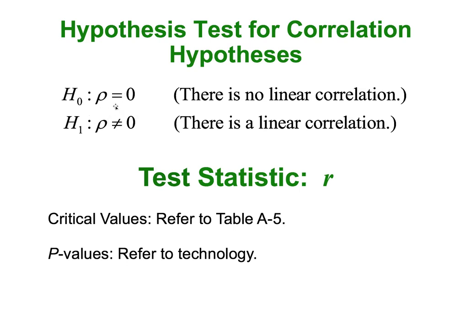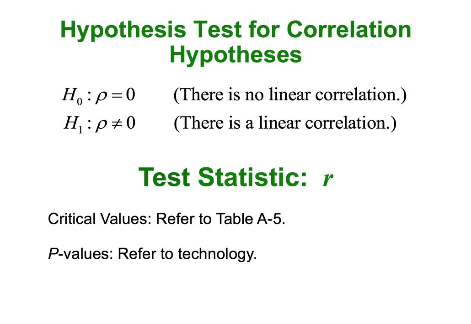And so rho, this P-looking thing, is the Greek letter R. So that's the population parameter. It's the population version of the Pearson's linear correlation coefficient. And of course, if it's 0, that means that there's no correlation.